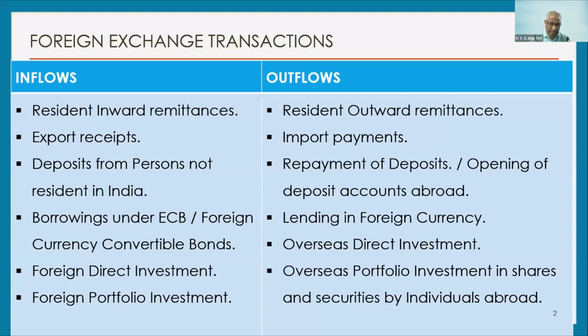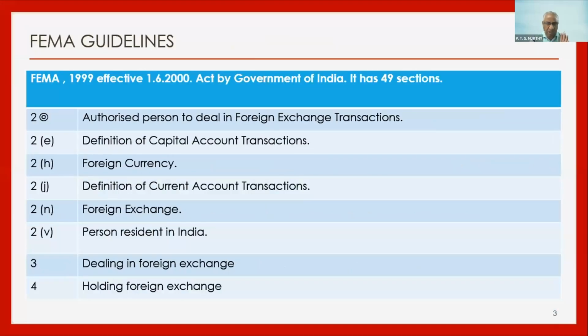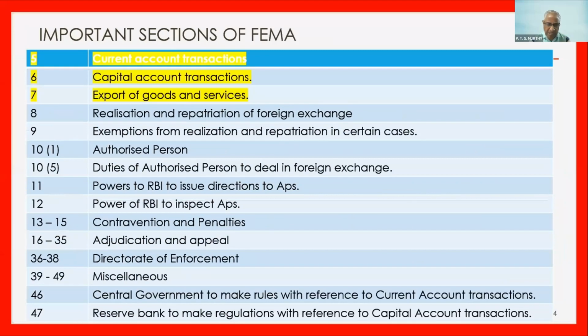All other transactions, deposits, borrowing, FDI, FPI on the inflow side, then opening deposit accounts, lending, ODI, OPA, all these come as the capital account transactions. So all these capital account transactions and the current account transactions, who is controlling?